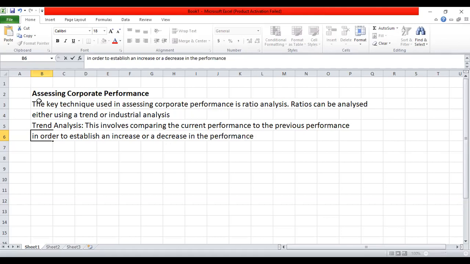That is what you do in a trend analysis. You compare the current performance to the previous performance. The important aspect in the trend analysis is to find out if there is an increase or a decrease in performance.